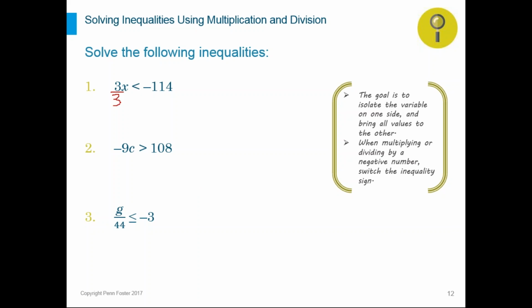Divide over 3 and do the same thing on the other side. 3 over 3 is a 1x. We just write it as an x in algebra. And then the less than will stay. Negative 114 divided by 3 will give you negative 38. A negative over a positive will give you a negative answer.